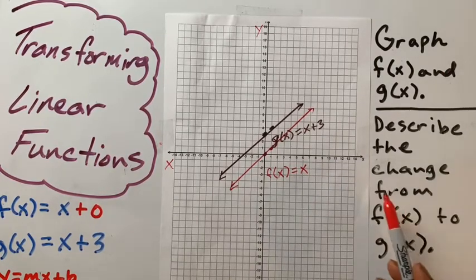Now it says describe the change. Now let's talk a little bit about change in a coordinate plane. You can have a reflection where you reflect something across something, like a point can be reflected across the y-axis, or a shape can be reflected across the y-axis. A point can be reflected across the x-axis, or a shape can be reflected.